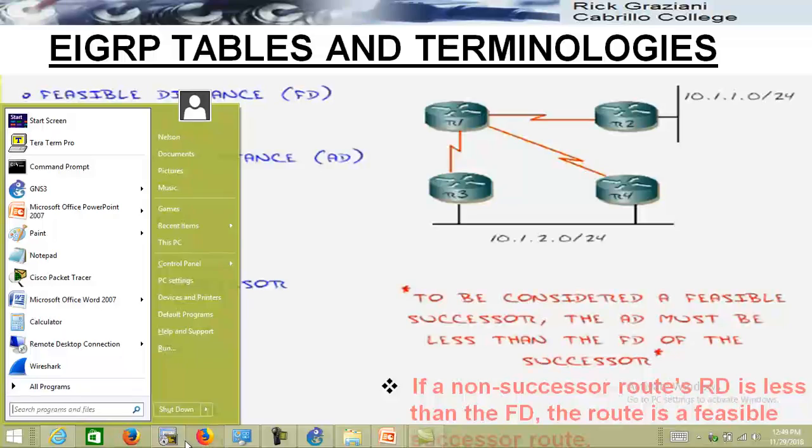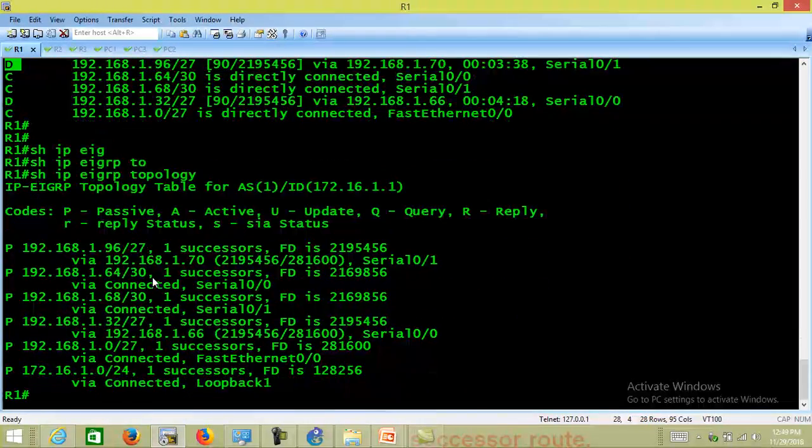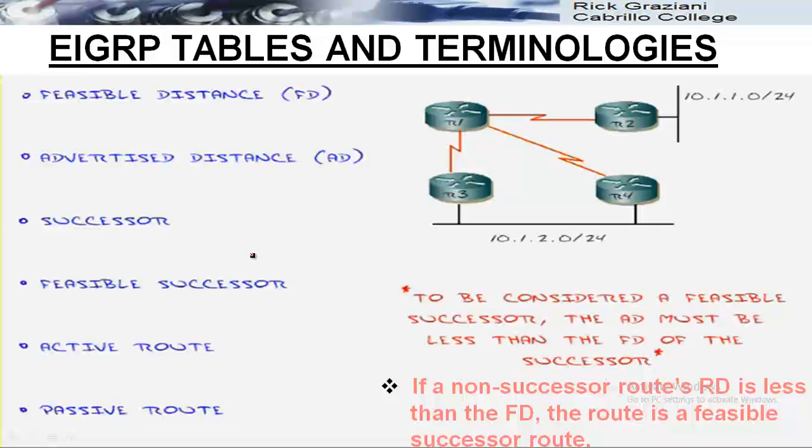When you look at the topology table, show ip eigrp topology, passive and active. So EIGRP, I said, is arguably the best routing protocol in the world, were it not for the Achilles heel that it is Cisco proprietary.